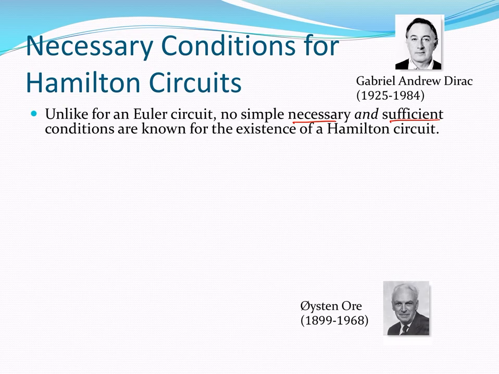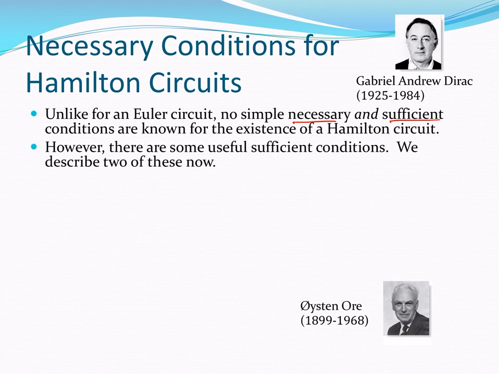So there are a couple of theorems related to the sufficiency for finding a Hamilton circuit, and they relate to how many edges are in the graph by discussing the characteristics of the degrees of the vertices.